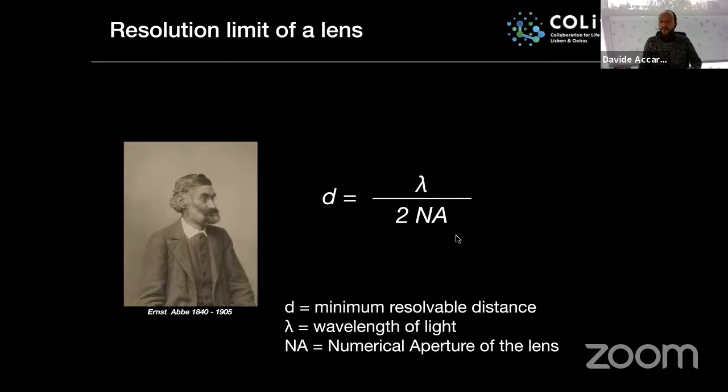Do you remember the numerical aperture, that cone of light that I told you? The bigger the cone of light, the more photons, so more sensitivity, but also more information. In fact, the bigger the numerical aperture, the smaller d is. And we want a small d, because the smaller the minimal resolvable distance, the higher the level of details that we can retrieve from our images.